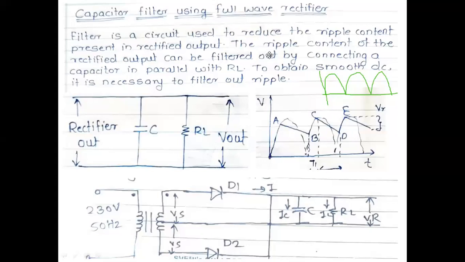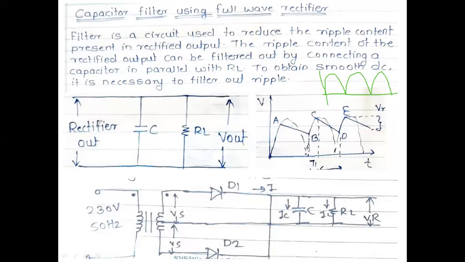To avoid it reaching the 0 value, where it is coming down to 0, we have to remove this part. For that reason, we have to use a capacitor filter here.